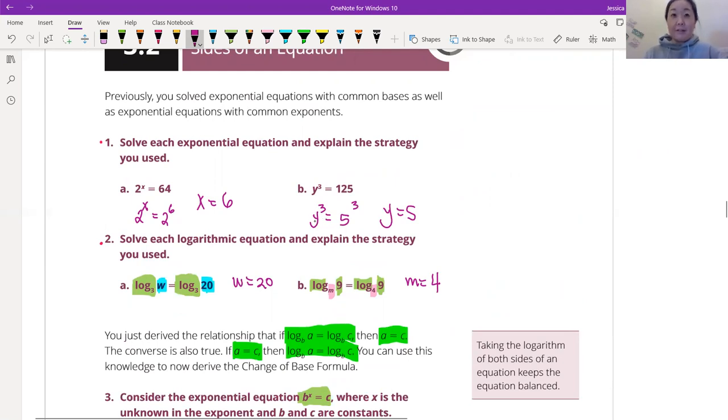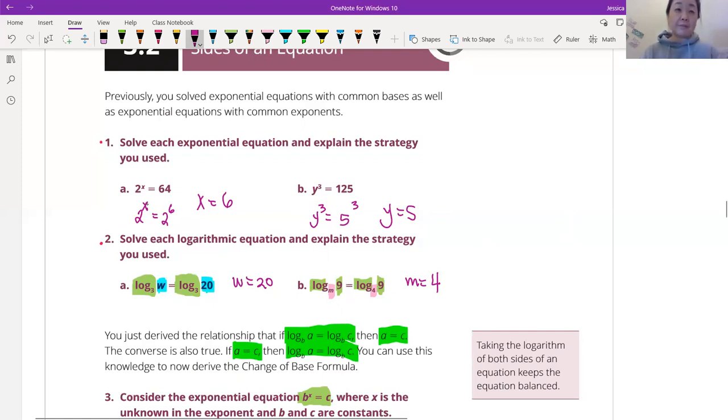Let's try 5. If you didn't know that, try 2, then try 3, try 4, and then try 5. See if it gets to 125, right? And there you go. So 5 to the 3rd power is going to give you 125. So notice right here that if 2 to the x is equal to 2 to the 6th, well, x better equal 6, right? Because they're the same thing, right?